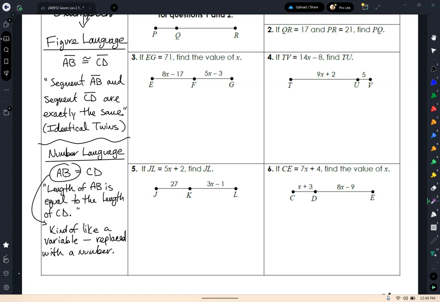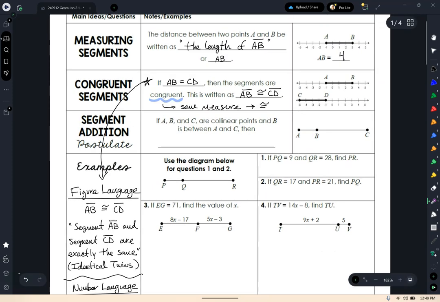Now, it may seem kind of redundant in the sense of looking at something as simple as a line segment. But when we get to triangles, which we're going to do a lot of work with this year, and we say this triangle is congruent to that triangle, we're saying they're identical twins. Every part in every way, shape, and form is identical to each other.